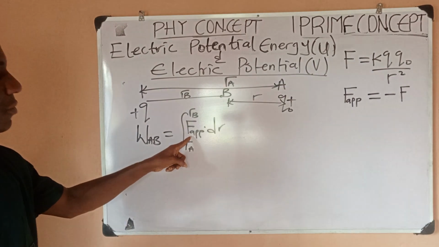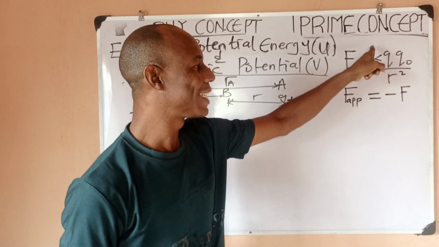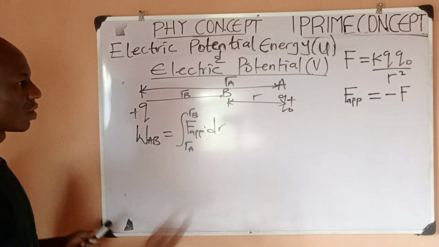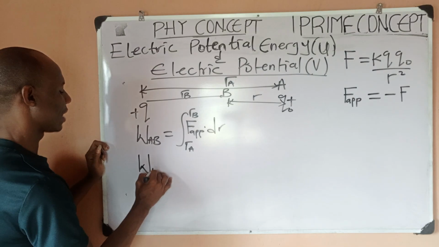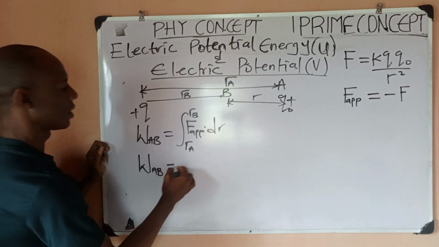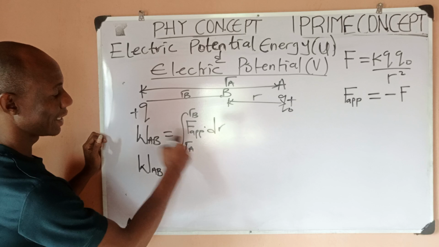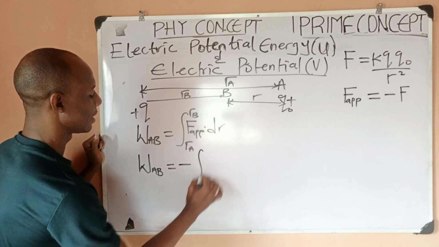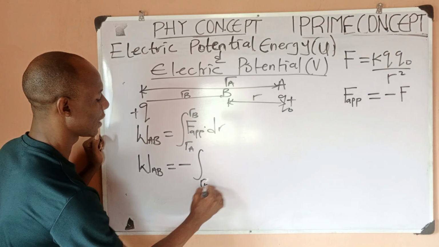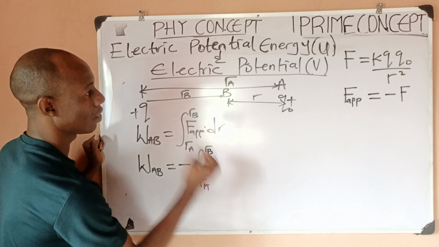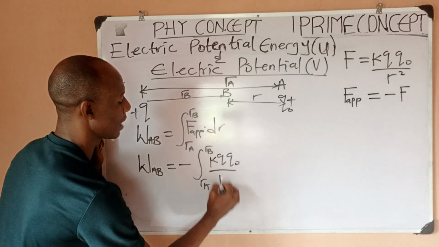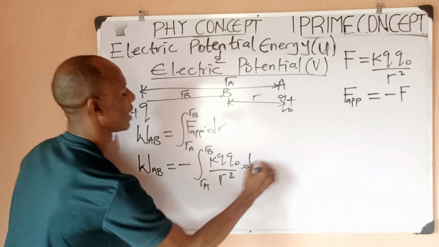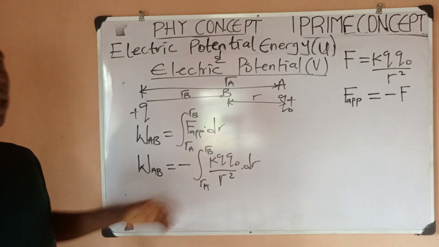And what is our applied force? Our applied force is the negative of the electrostatic force. So if I bring that into this relationship, my work done is simply going to be negative, which I will bring outside, negative integral from point A to point B of KQQ0 divided by R squared multiplied by dr. So this is what the work done will be.